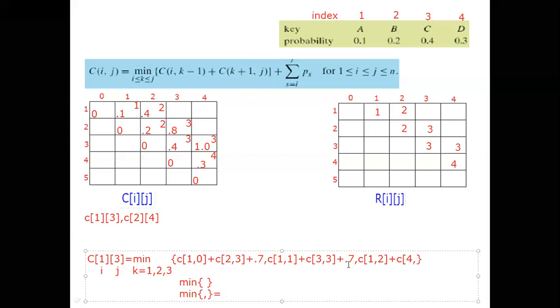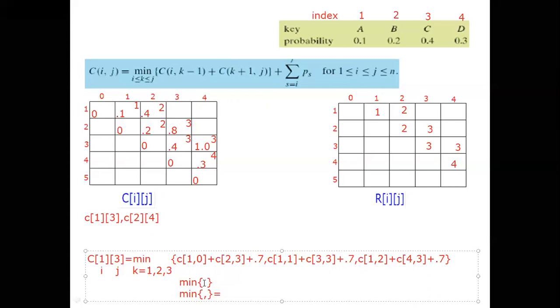J value it is 3, plus sigma value. What is the sigma value? It is common everywhere. It is 0.7. Now we have to calculate it. C of 1, 0. What is the value?